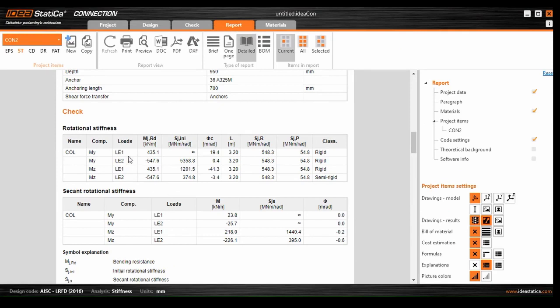And for load combination 1, as you see, the connection is rigid about the y-axis. For load combination 2, the connection is also rigid about the y-axis.